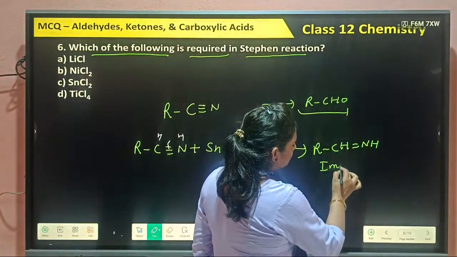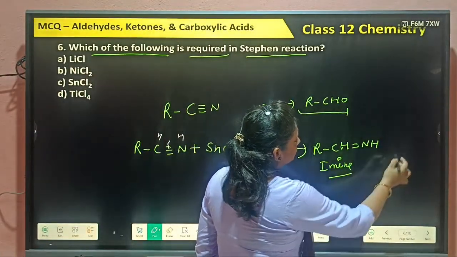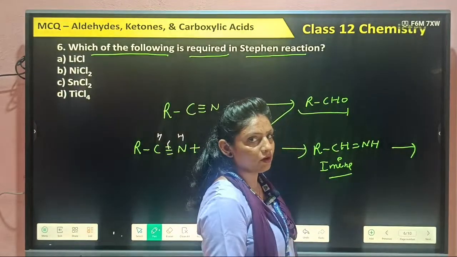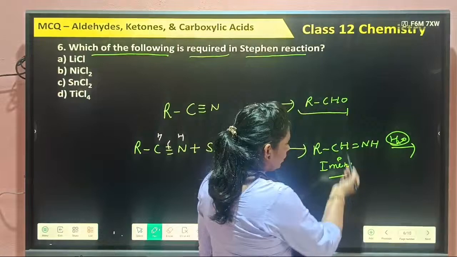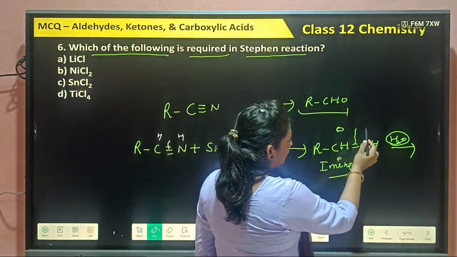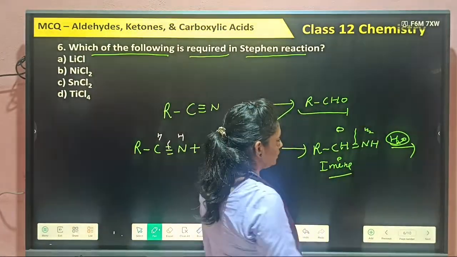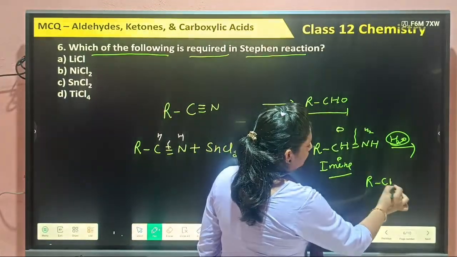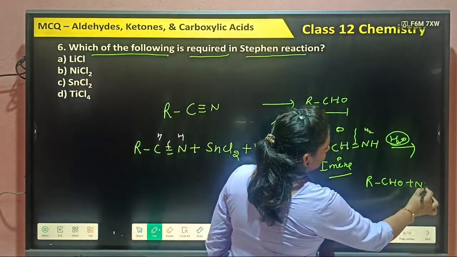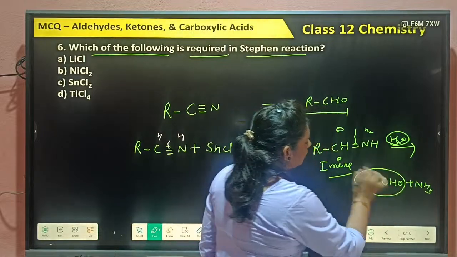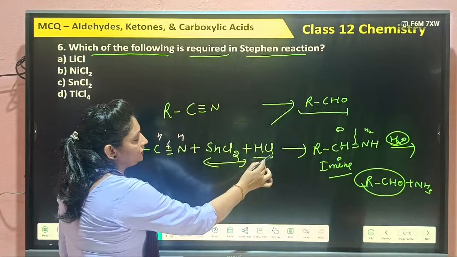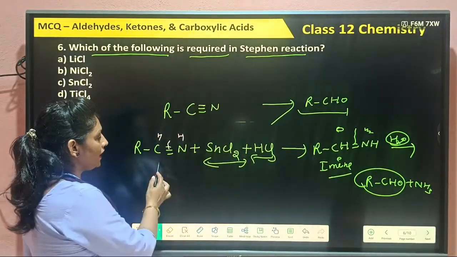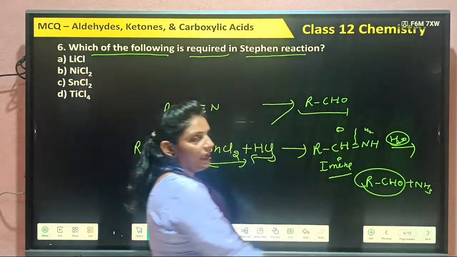After that, it is followed by the hydrolysis. Then what will happen, students? Oxygen will go to this one and 2 hydrogens will go to this one. So finally we get the aldehyde plus ammonia. So in Stephen reaction, we use SnCl2 and HCl, and from nitrile we can get the aldehyde.